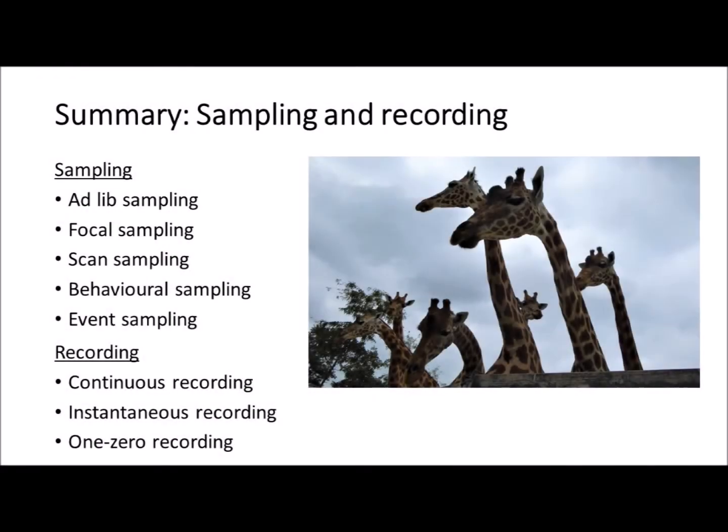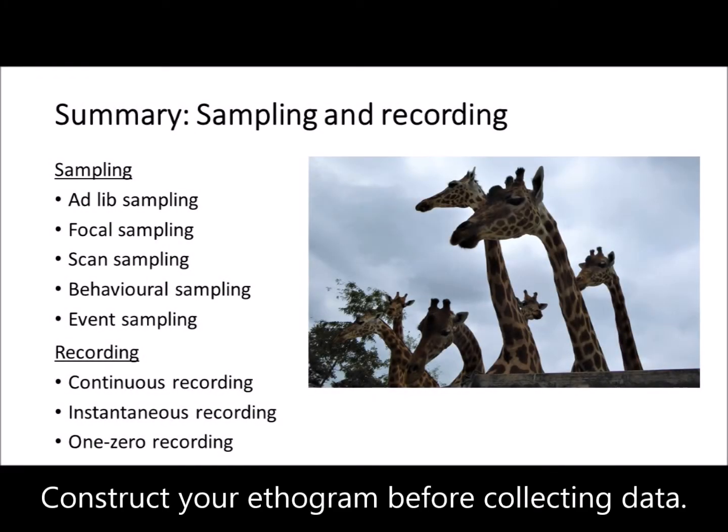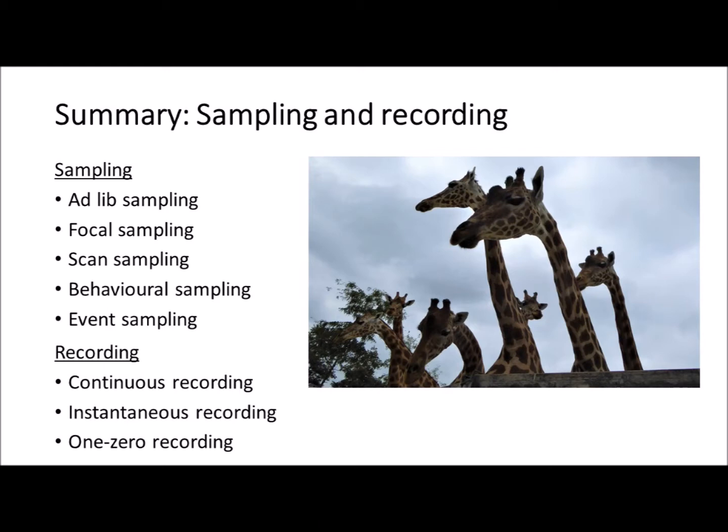Always construct your ethogram before you start any behavioural observations. That way you know exactly what behaviours to look out for, which behaviours are likely to be performed, and how you can identify them. Once you have your ethogram, and once you know what sample population you are going to follow, and whether or not the behaviours you are observing are states or events, you can think about your sampling and recording procedures.